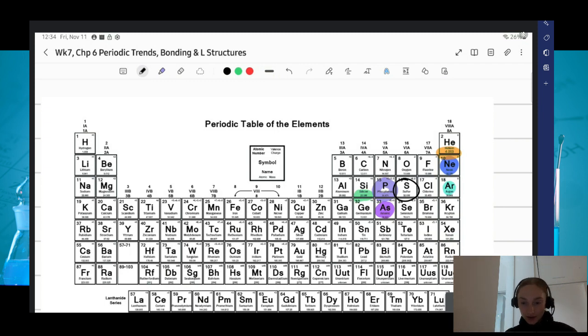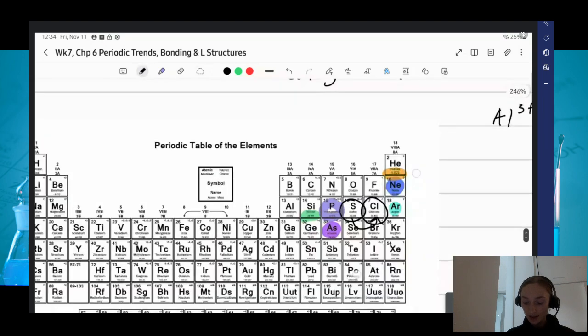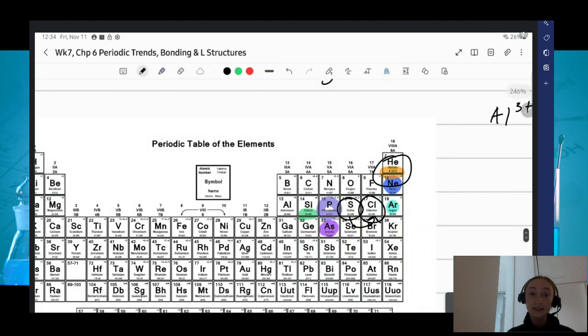Because of the way the sulfur 2 plus works and the chlorine 3 plus, where it ends up is the same ground state electron configuration. And so these two are also isoelectronic, just as the aluminum and silicon are.